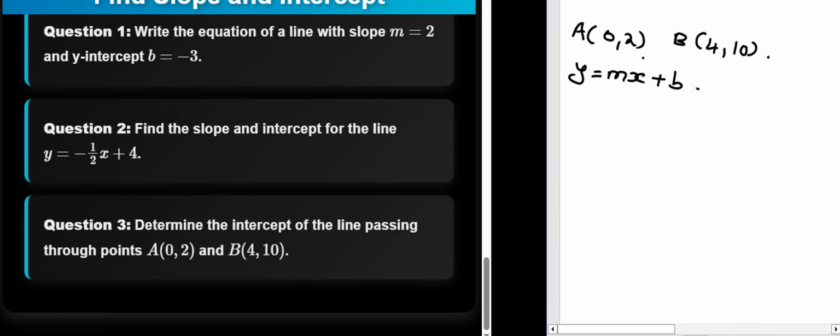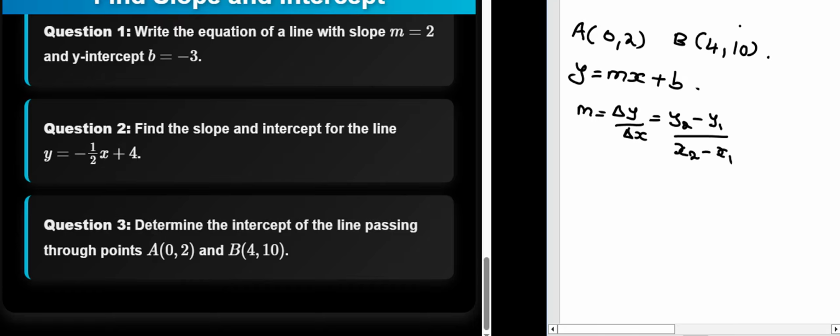So here we can start by finding the gradient. If you don't know how to find the gradient, you can review lesson 1 or lesson 2. You'll get the concept. But in this case, gradient, which is m, is given by change in y over change in x, which is given by y2 minus y1 divided by x2 minus x1.